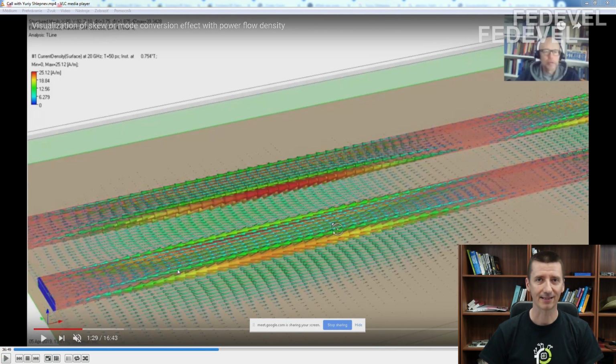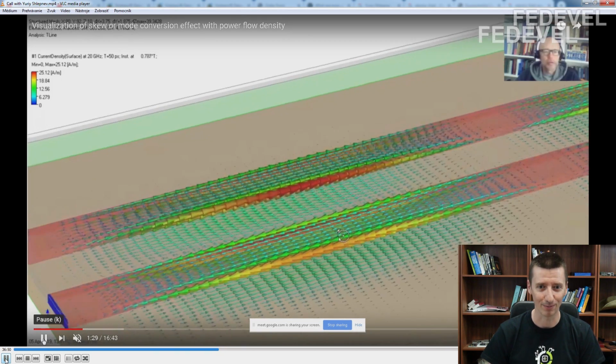I really like this simulation, because you can very nicely see how the currents are flowing through the track and how this return current looks in the reference plane. So watch these triangles. These are showing you the direction of the current here and the direction of the current here. I can play the animation a little bit so it looks even a little bit more cool.